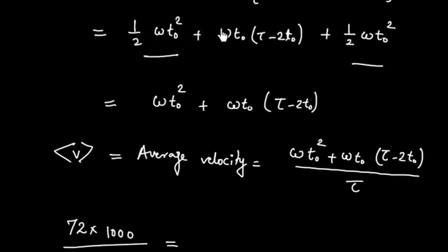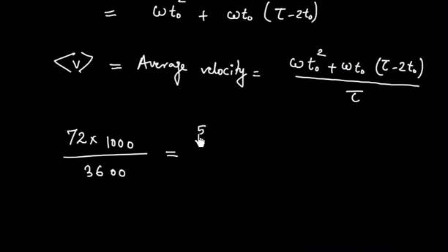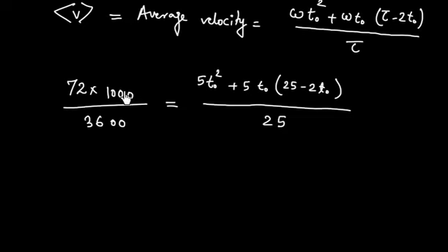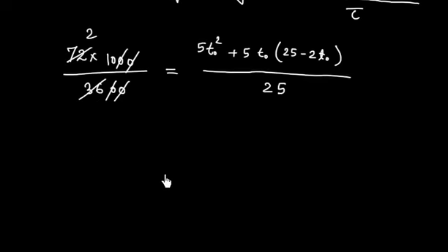So omega is 5, t naught square, 5 t naught, and tau is 25 minus 2 t naught, again divided by 25. So we can solve this one. The 20 goes, and 36 gives 2, so we have 20.